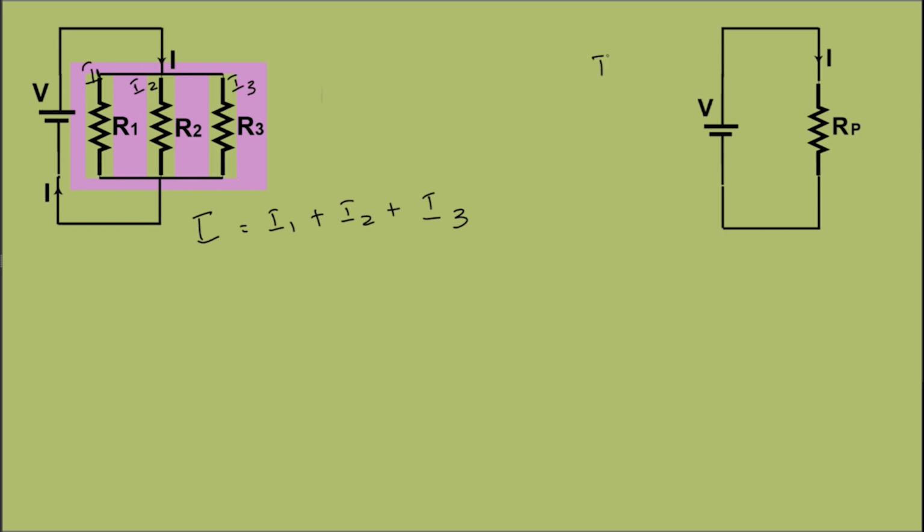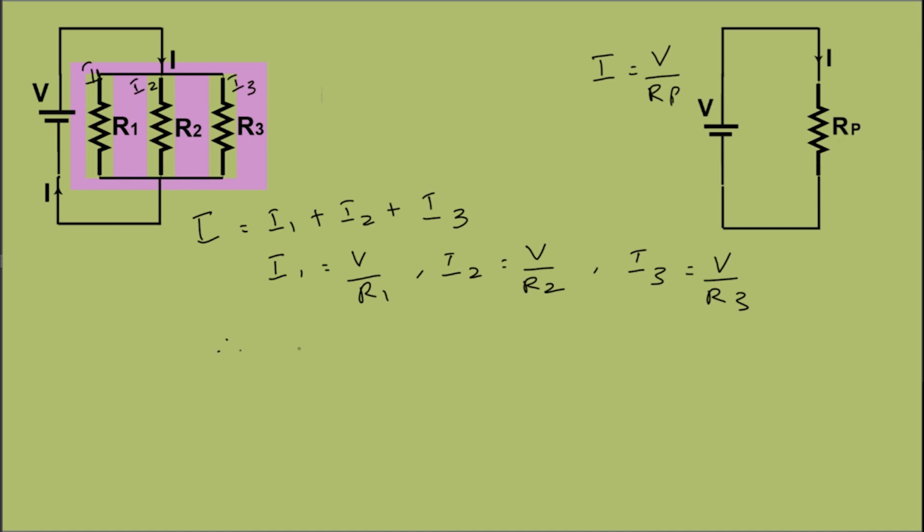From here, I is equal to V by Rp. As the voltage across the three resistances are equal, I1 is equal to V by R1, I2 is equal to V by R2, I3 is equal to V by R3, and here I is equal to V by Rp, that is total effective resistance.